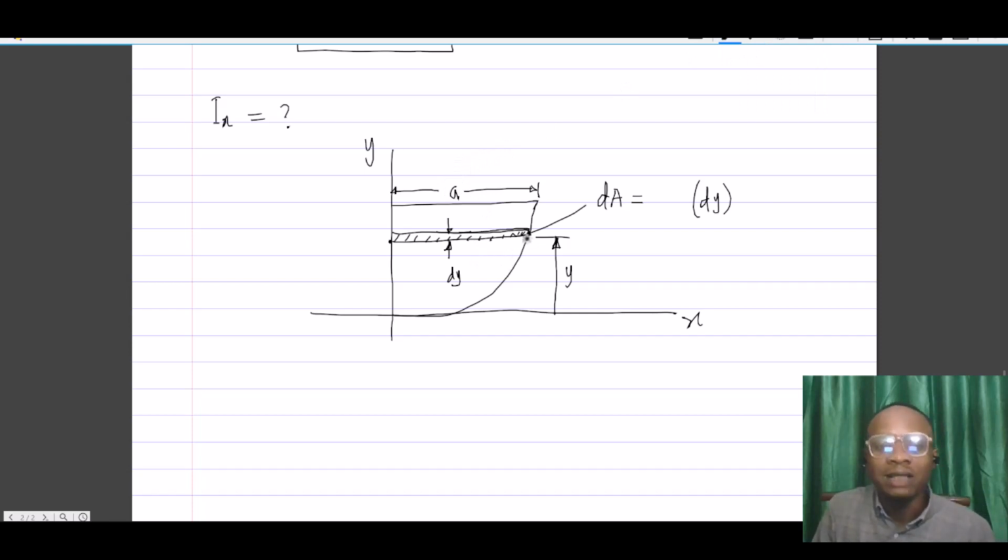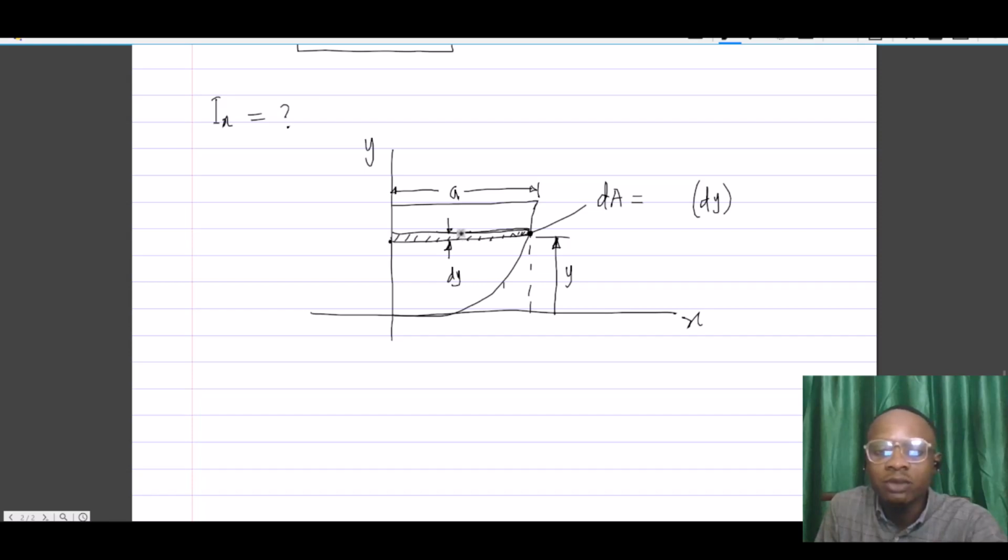So at every point, if this strip is located here, then the value of this will be given by the x coordinate of this point. If the strip was here, for instance, still horizontal, the value at this end will just be the x coordinate at this point. So whatever the x coordinate is here is the same thing as the length of this elemental area.